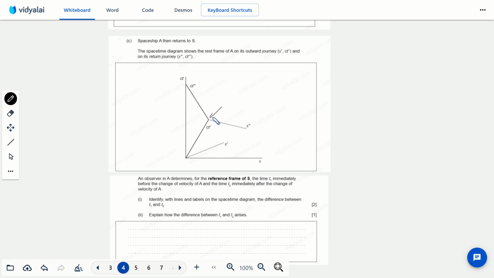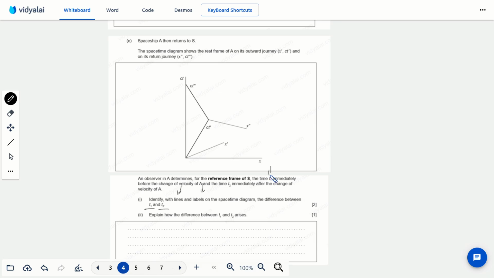So this is the point where it makes a turn, spaceship A, and this is the point where it's returning to the station S. Now we need to identify with lines and labels T1 and T2, which is the time that's elapsed for this space station.